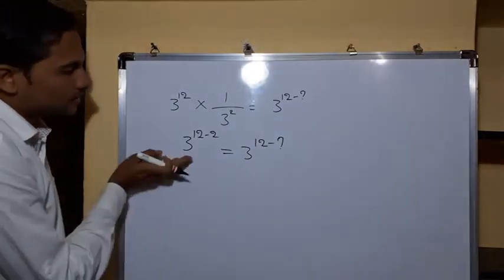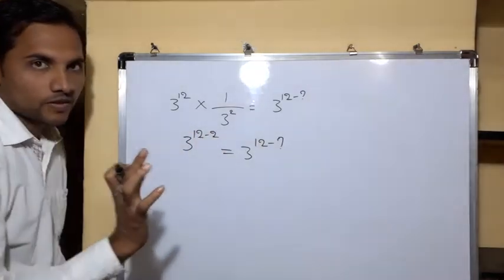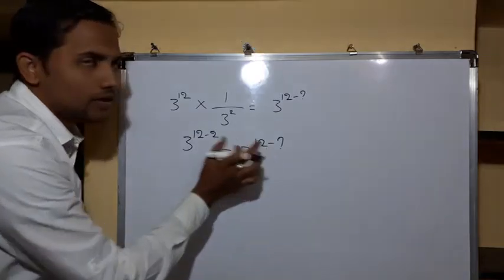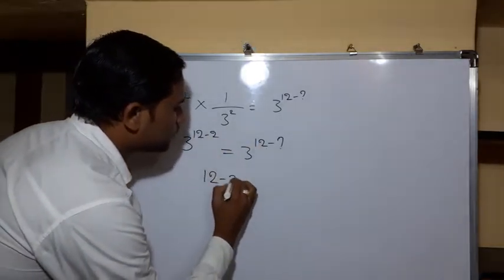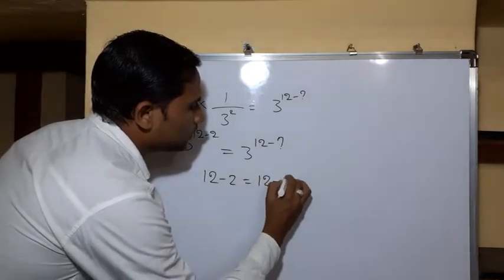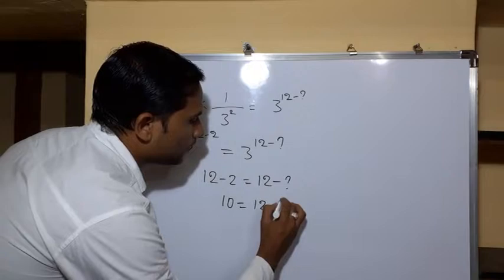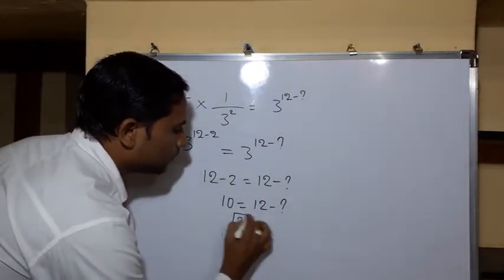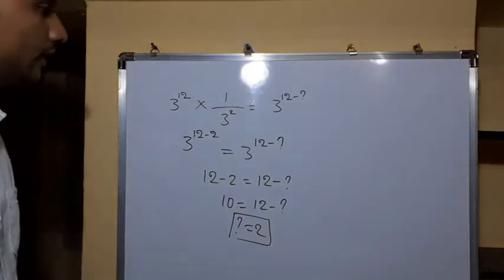What it says: if the bases are the same, we can equate the powers. So apply that concept. 12 minus 2 is equal to 12 minus question mark. This will be 10 is equal to 12 minus question mark. So the question mark is equal to 12 minus 10, which is 2. Understood, friends?